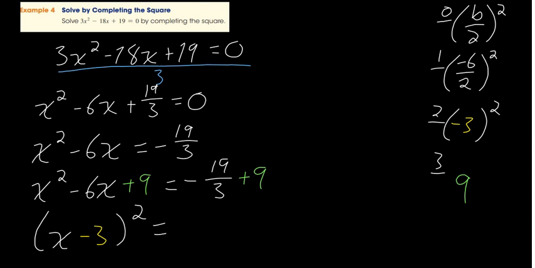I have a denominator of 3 on the right side, and a plus 9. How do I rewrite 9 with a denominator of 3? 9 times 3 is 27, so it would be 27 over 3, which is the same thing as 9. So it's -19 plus 27, which gives me 8. This would be equal to 8 over 3.